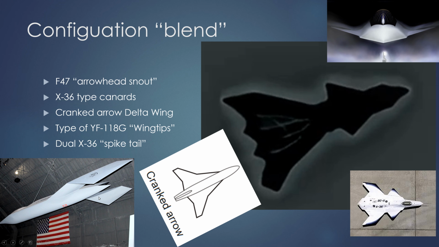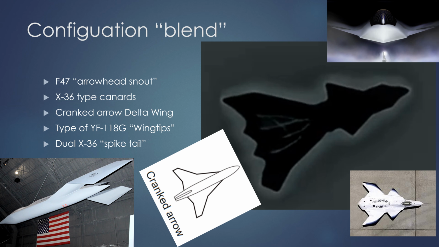And they added some of these bird of prey wingtip devices, I would say, in some variant to a basic cranked arrow delta configuration. And they've refined that with a double spike tail instead of that single X-36 tail. We can see two of those here, probably masking an engine in each of those. That is my synthesis of what this plane is configured to be.